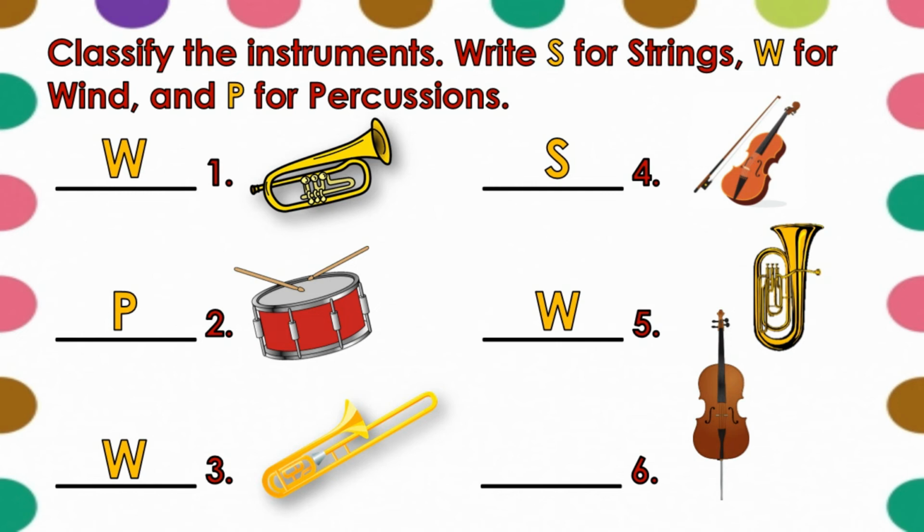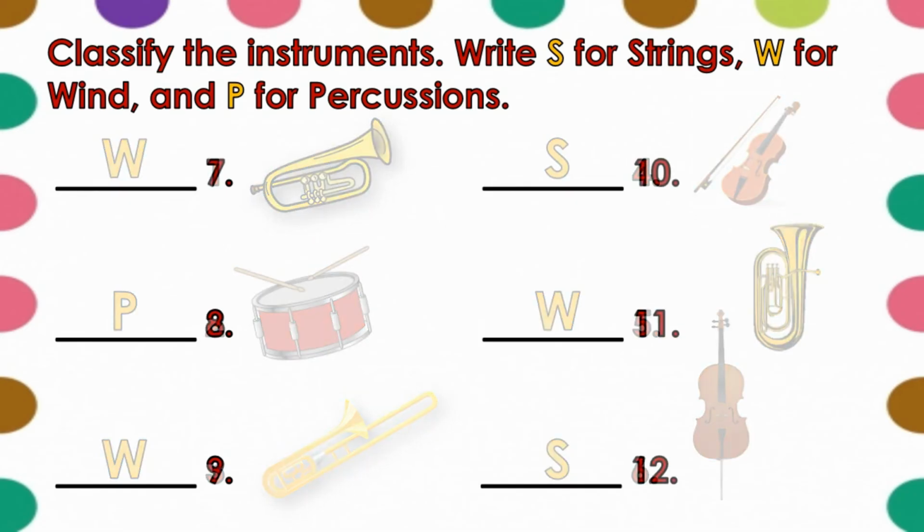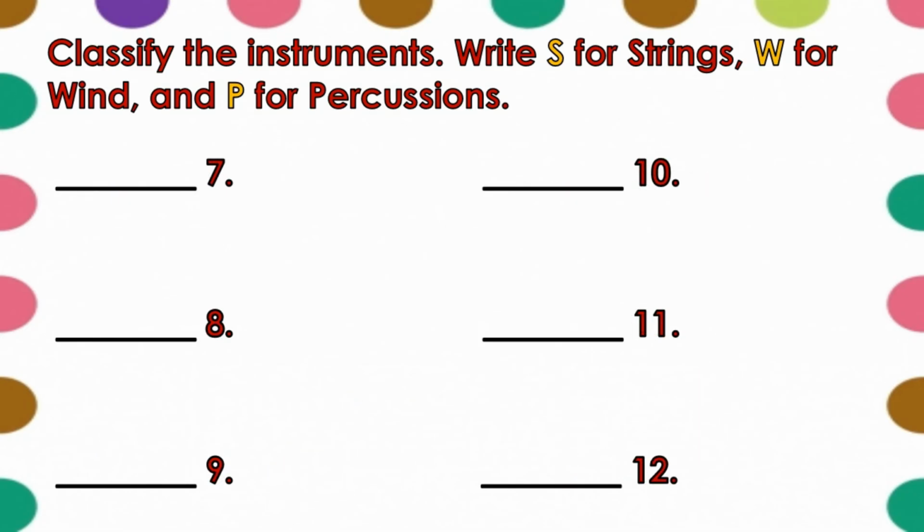Correct. Cello is string instrument. S. Number 7. Triangle. Is it string, wind, or percussion? Correct. Triangle is percussion instrument. P.